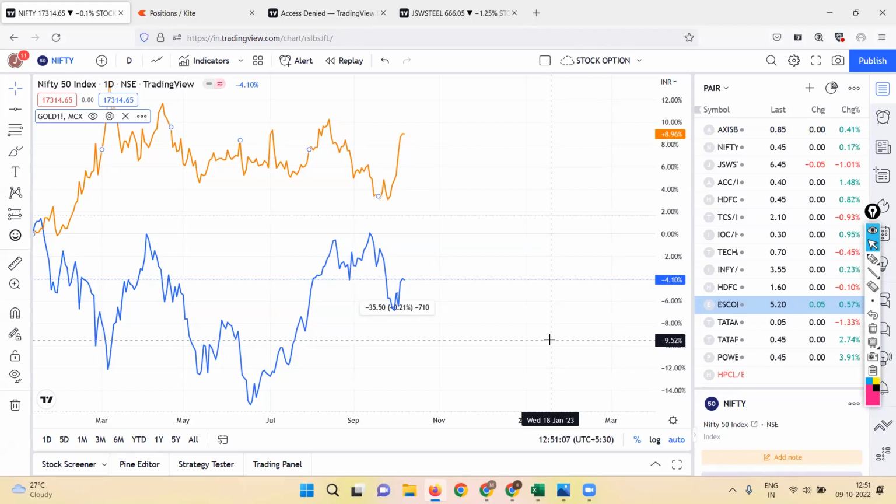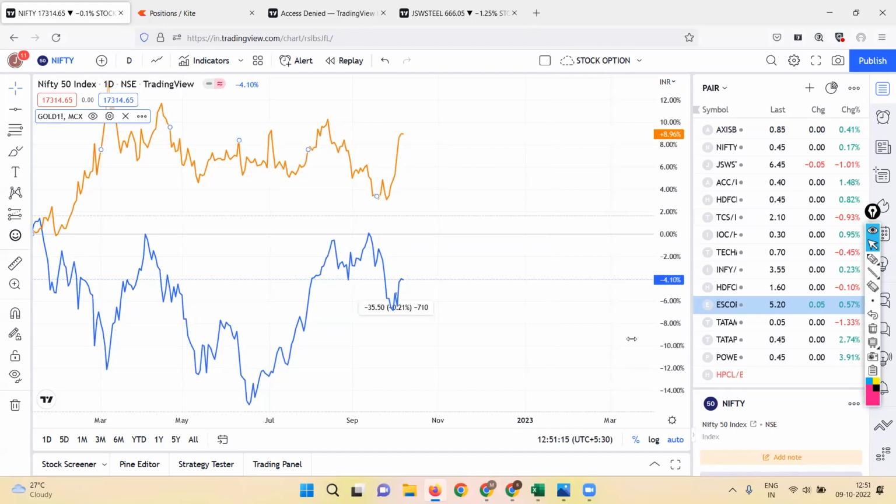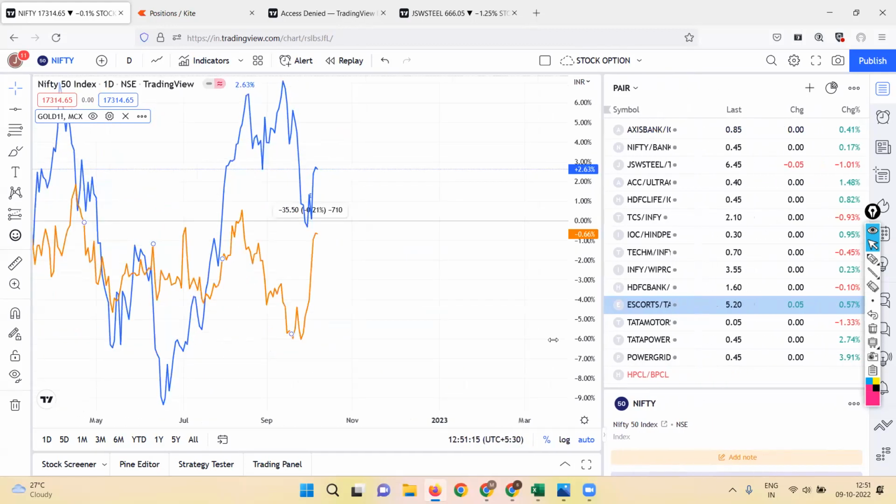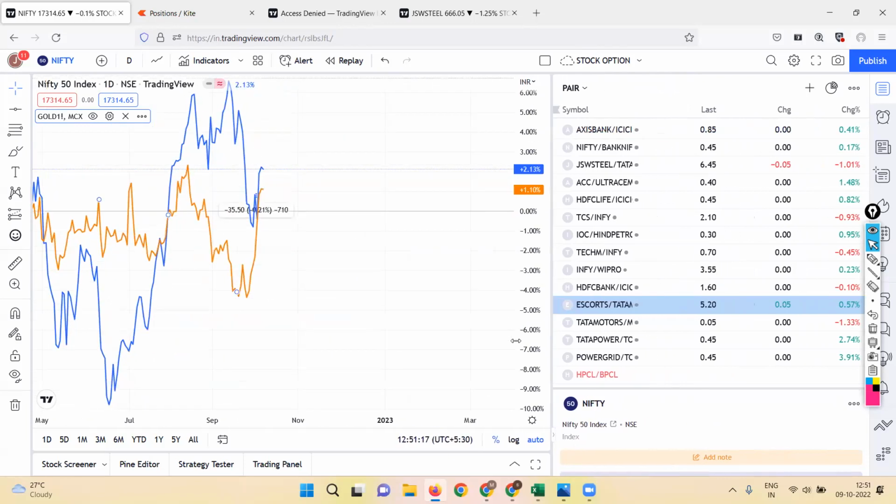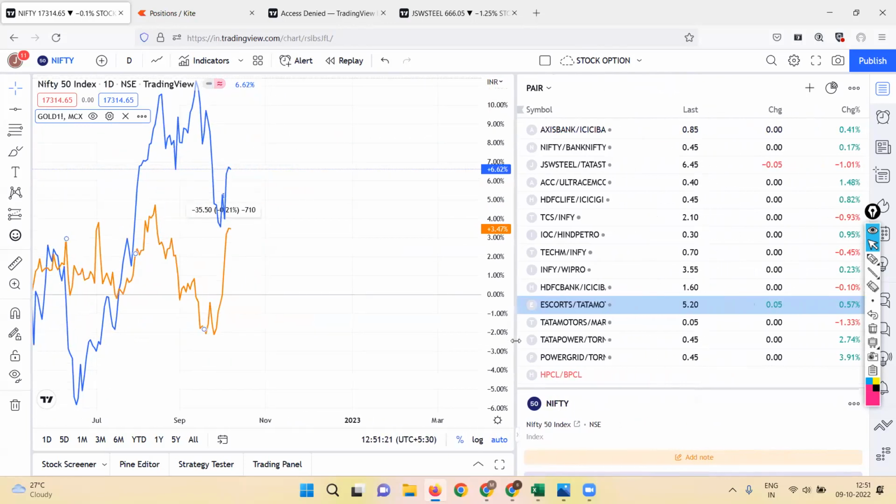Mohit ji's last presentation, the one from one year back, he had given on Nifty and gold ETF. Do you remember, Mohit ji? Yeah, sir, I still do it. So you are a great fan of the convergence between these both. But now it is not holding, both are not in the same thing now.